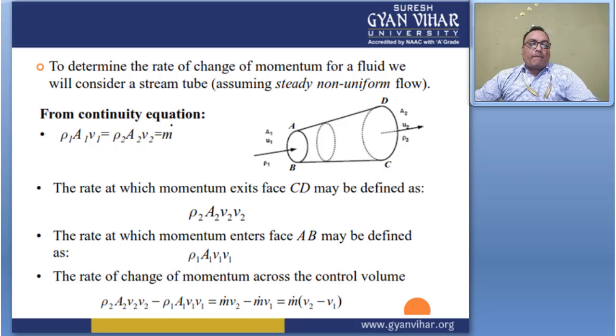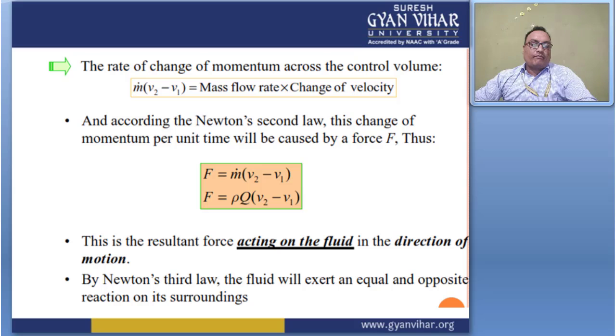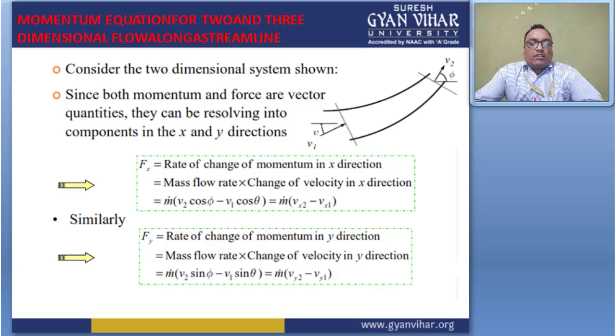And then next, the previous equation is applicable only for one-directional flow, and if we consider the two-dimensional case, consider a two-dimensional system as shown in the figure. Since both momentum and force are vector quantities, they can be resolved into components in the x and y directions.